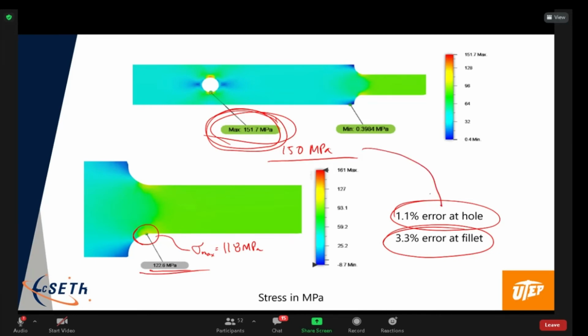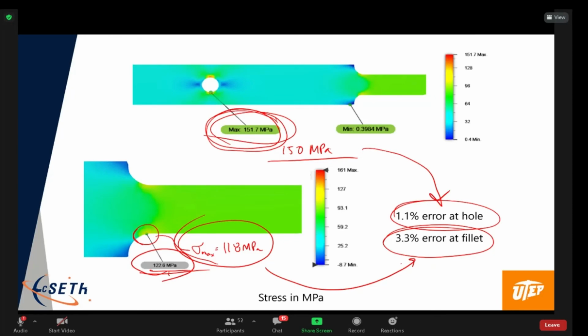So that gives me an error of 1.1%. Now here, from the hand calculation, I would expect to get a stress at the fillet of 118 megapascals. But in my finite element result, I actually get 122 or 123 megapascals. And that gives me an error of 3%, okay?